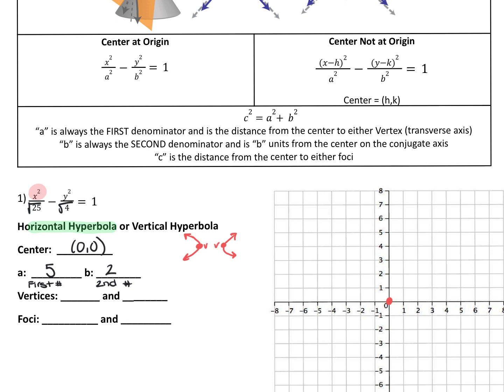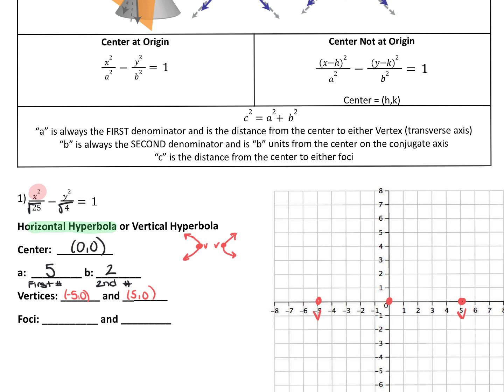So we know that the vertices are always with respect to A. So we're going to go left 5, right 5, and label these with a V, vertices. We can go ahead and just label those points here. So the vertices here are -5, 0, and 5, 0. So technically our branches are going to be out this way and out this way.